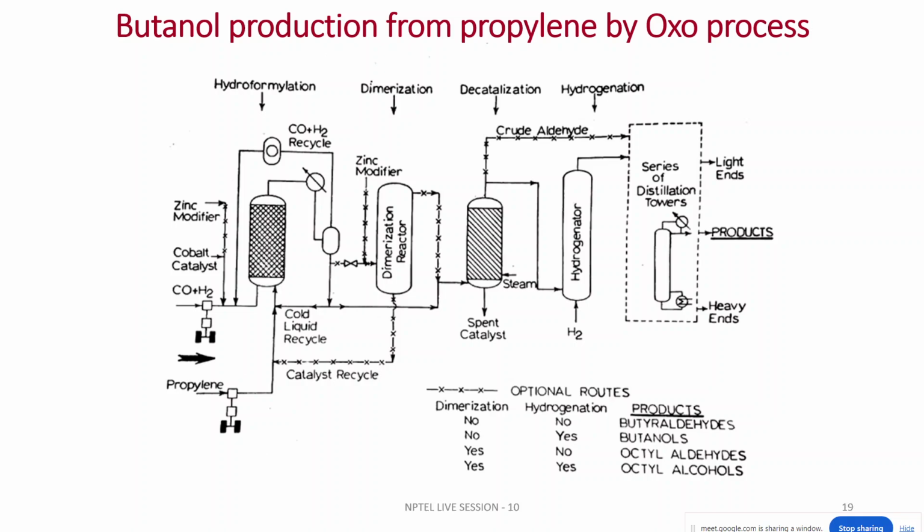So now we will be discussing the butanol production by this flowchart from propylene by this oxo process.